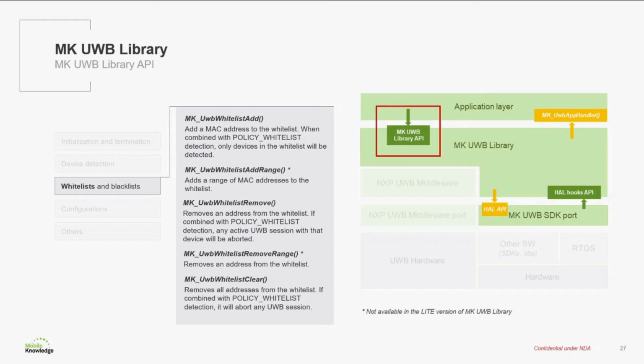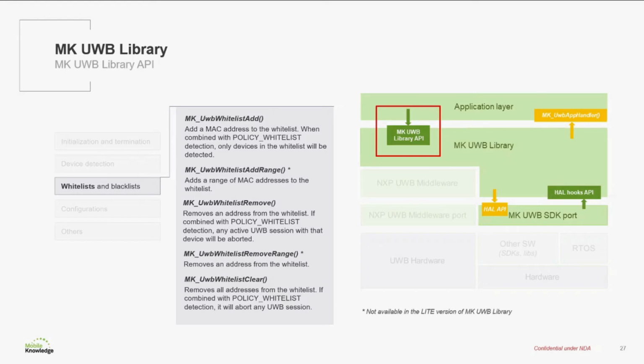Blacklists and whitelists work with lists of MAC addresses that are used later on to filter out or select devices for UWB sessions. The library provides methods to update these lists. For example, for whitelists, the application can add a specific MAC address to the list by calling MK UWB whitelist add.